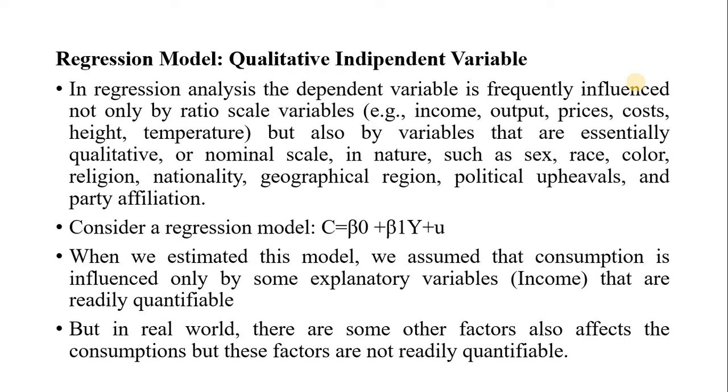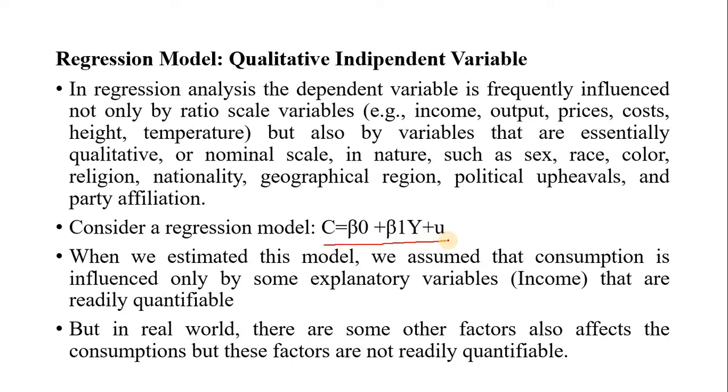In the last couple of weeks, when we discussed the simple regression model, I gave you an example. This is a very prominent and popular example in macroeconomics: the Keynesian consumption function. You know that the Keynesian consumption function is C is equal to beta 0 plus beta 1 y plus u.